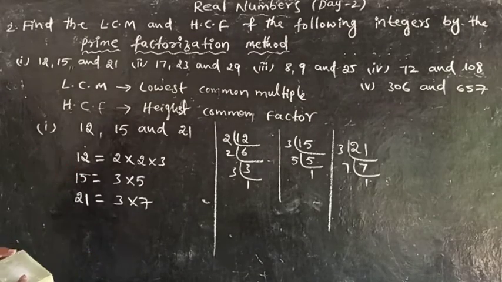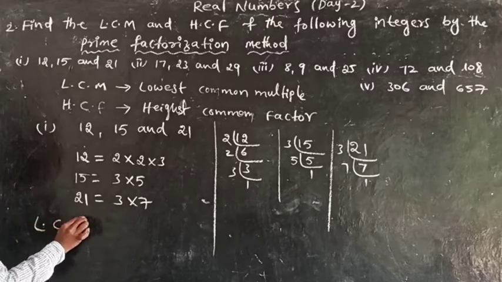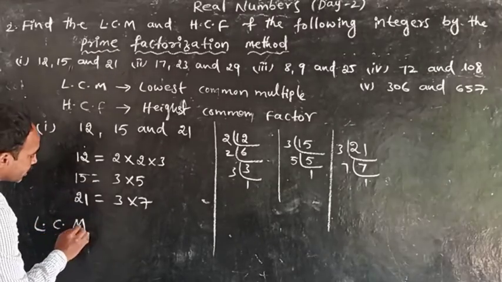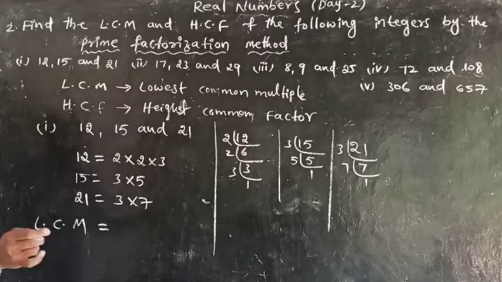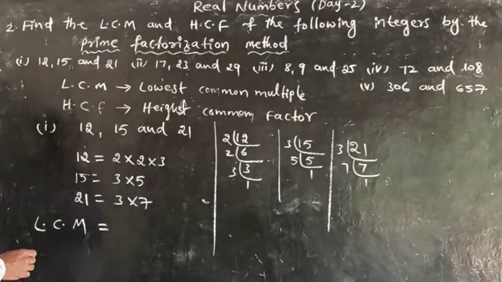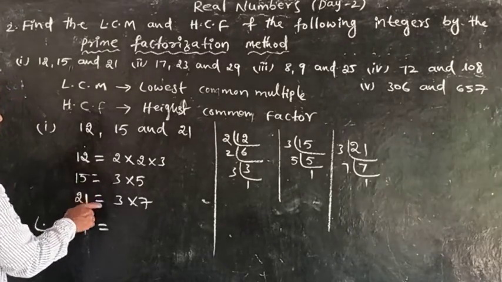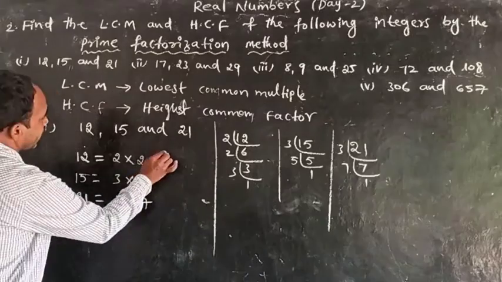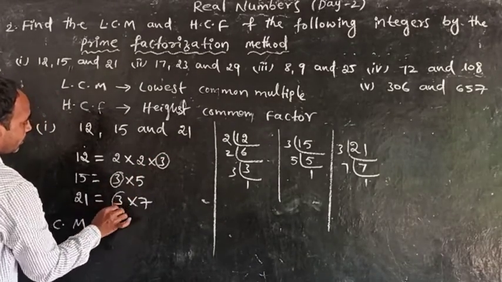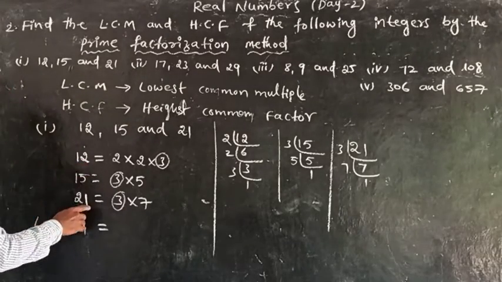Now we want to find the LCM. As we learned before, first we write the common factors. What is the common factor in these three numbers? 3 is the common factor of the three numbers.